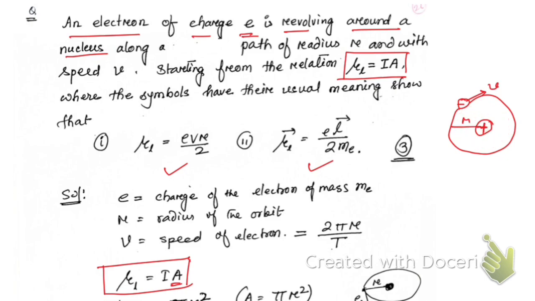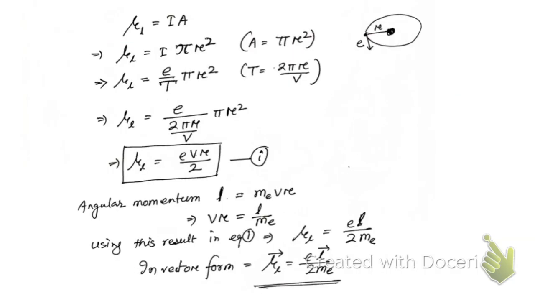So let me go to the new slide. Here you see, A is replaced by pi r square, then I is the current. Now if this electron takes capital T time to complete one revolution, this is the period of revolution.